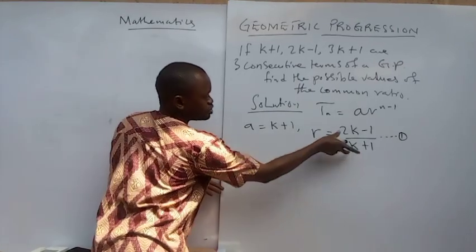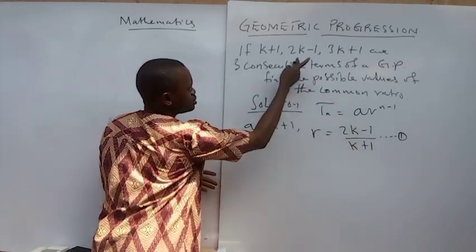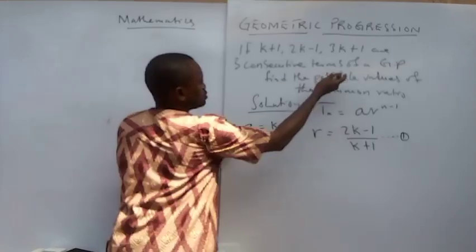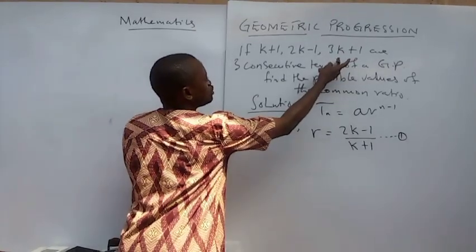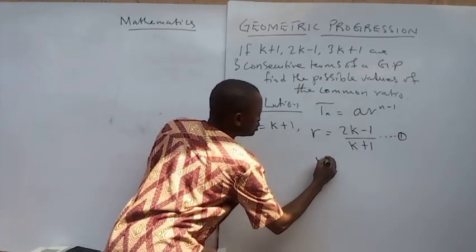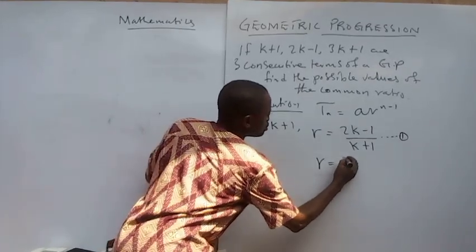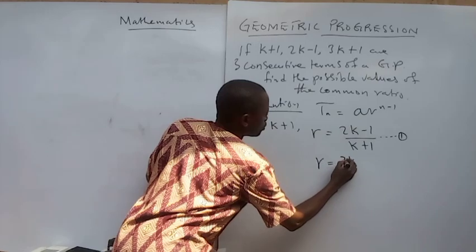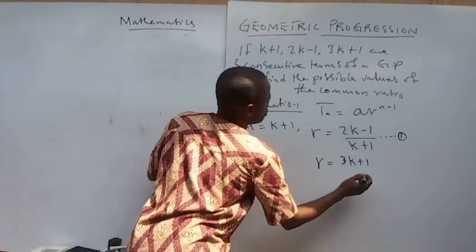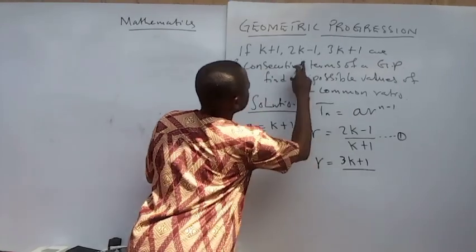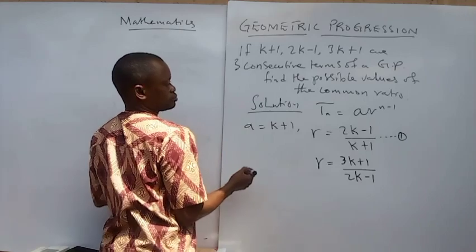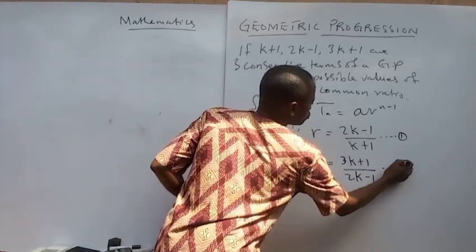If I have this over this as my equation 1, which is consistent, you can also have it from this over this. So I can also say the same ratio r is 3k plus 1 all over 2k minus 1. I can call this equation 2.